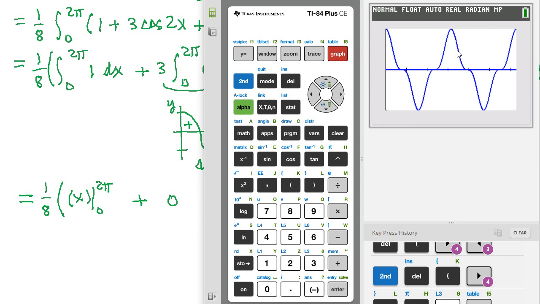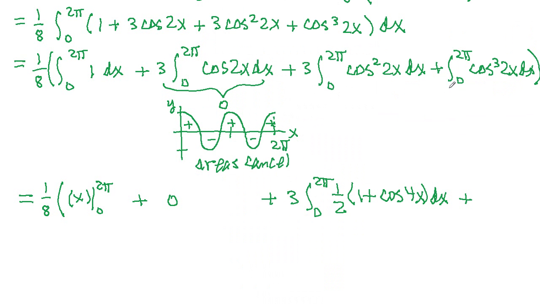And look here, this positive area will cancel this negative one out, and then these two positive areas cancel this negative. So again, that integral is going to be 0. Okay, that's helpful. So this one is also going to be 0. And that's because we've got an odd function on a symmetric interval.